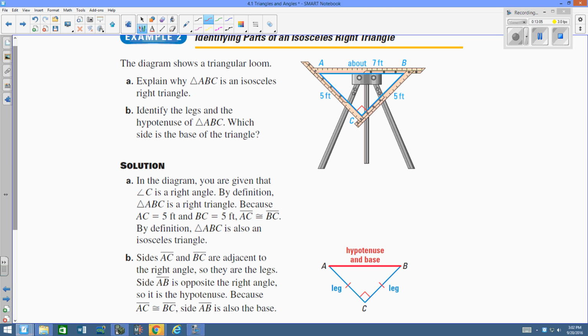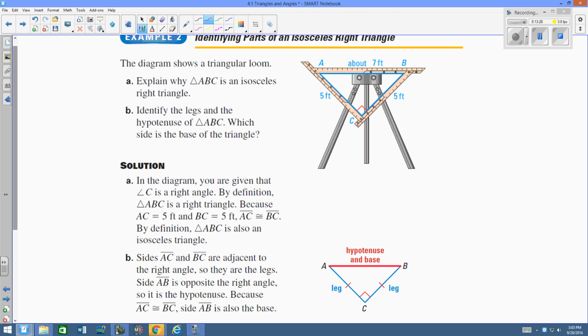So for this example, we have a triangular loom, which you will use next time you are knitting your own clothing. It's a very common thing for high school students to do, so this is an important one for you.